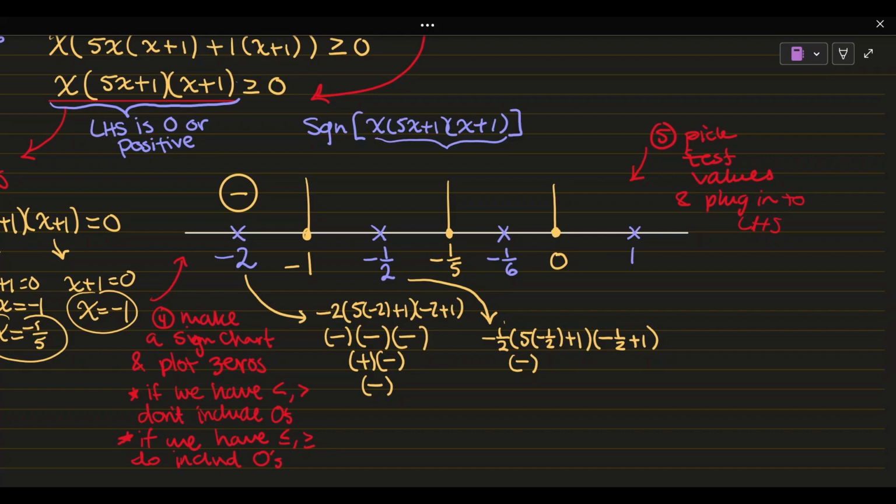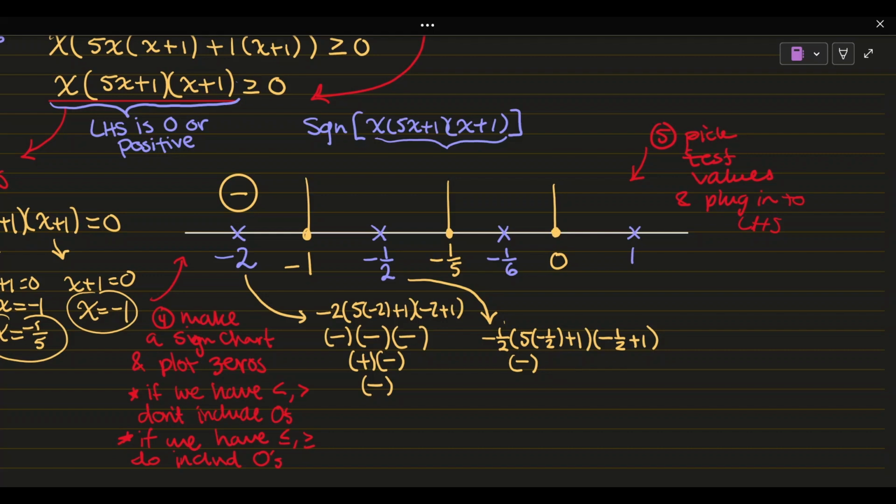I don't have to actually compute it out. 1/2 of 5 is greater than 1/2 of 4, and 1/2 of 4 is 2. So I have something that's less than negative 4 over 2 plus 1.